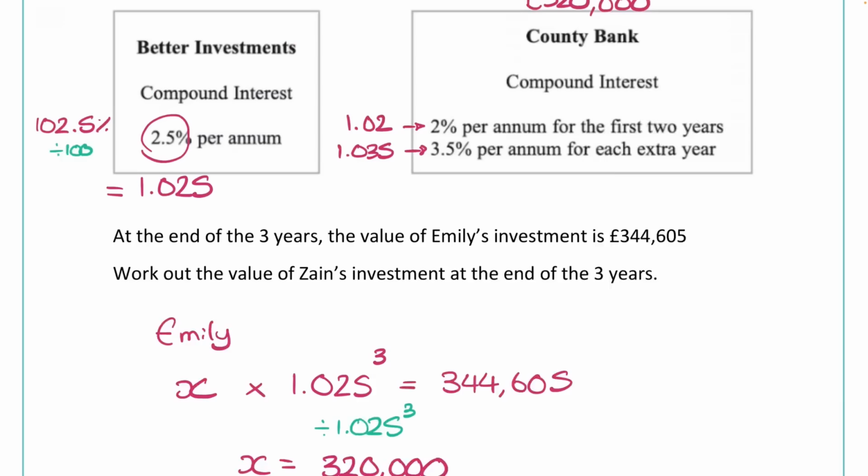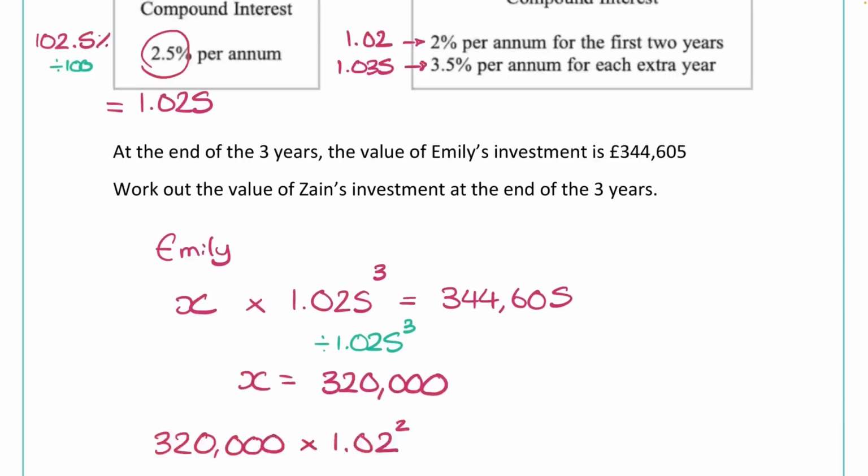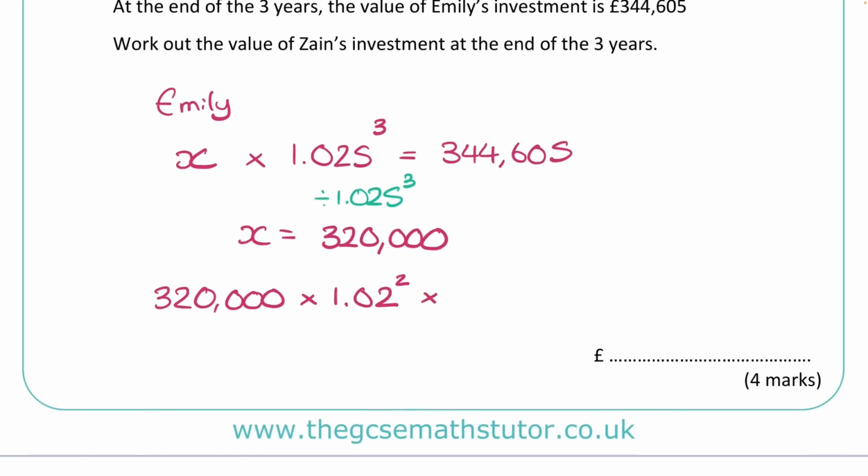You can either work that out and then times it by 1.035, or we can do it all in the same step and just times by 1.035. That's going to do it all for us. Just be very, very careful. Make sure that you put that power in. So 1.02 squared times 1.035.